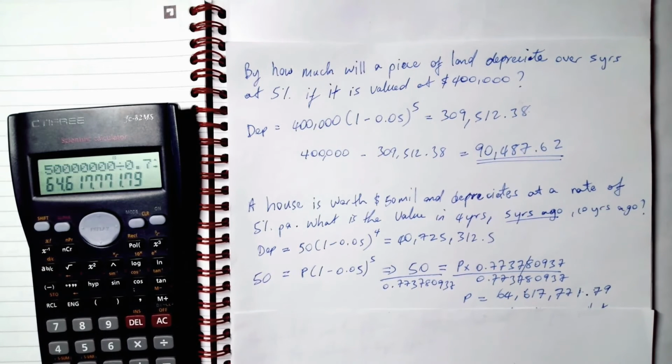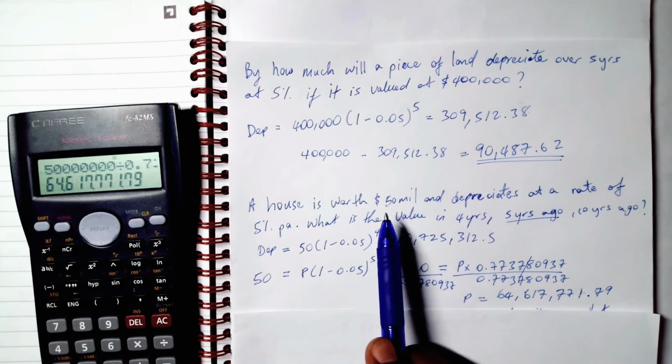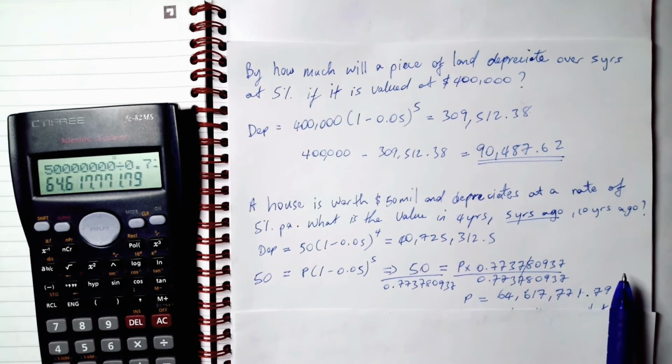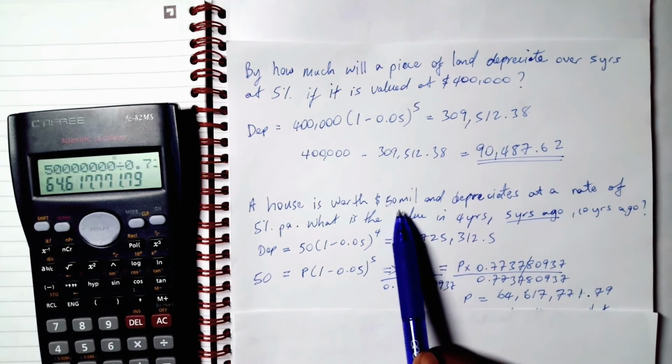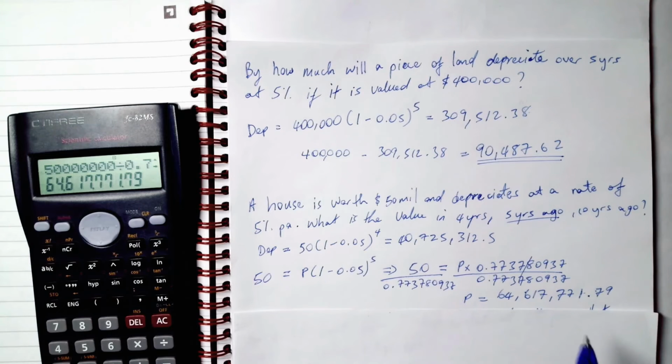Alright, so because you know it's depreciating, if it's 50 million today, 5 years ago, it must be higher if it's a depreciating asset.